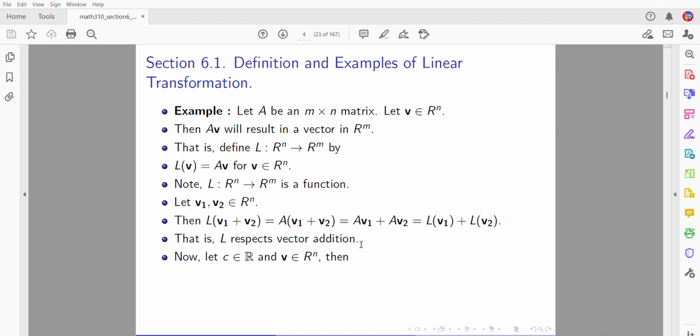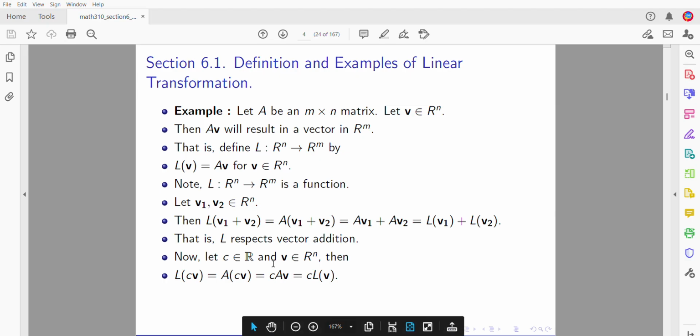Now take any real number c and any vector v. Then what is L of c v? L is nothing but multiplication by matrix A. Matrix multiplication, if you remember, takes scalars out. So it is c A v. A v is L v, so c is outside.